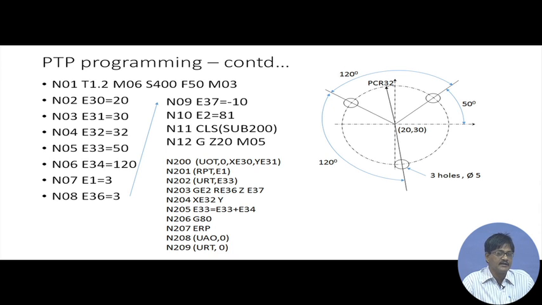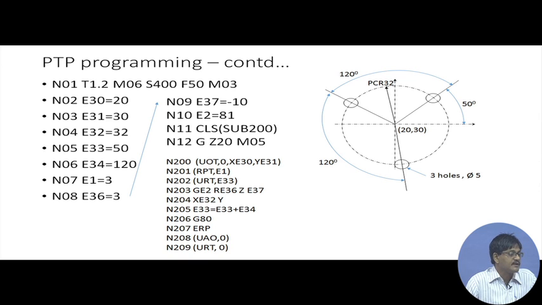Next, we declare the coordinate location. The coordinate location is x equal to E32. What is E32? And rotated, therefore, the location of the first hole position is nothing but 32, 0, and a hole is made at that point due to this particular line 204. After this, the angle is updated as E33 equal to E33 plus E34.